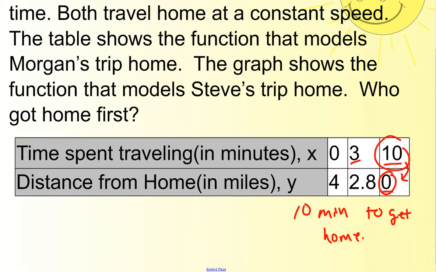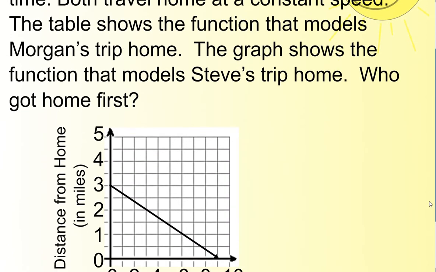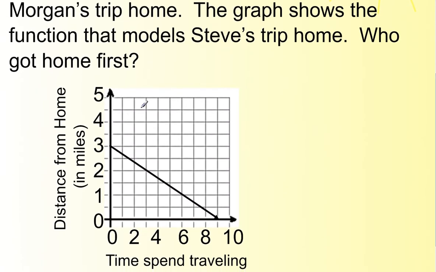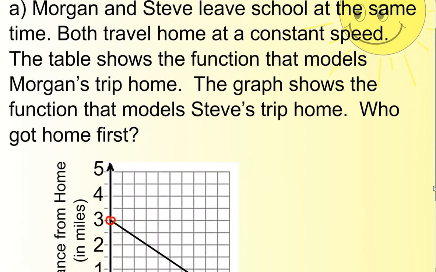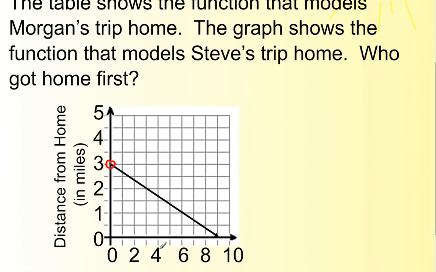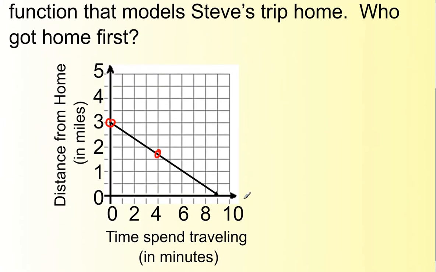All right. So what about Steve? Based off our graph, this is miles away from his house, time spent traveling. At 0 minutes, he's 3 miles away, just kind of like Morgan was. Actually, Morgan was 4 miles away. And then he's going home, at 4 minutes he is like 1.8 miles from home. 8 minutes, he's less than half a mile.